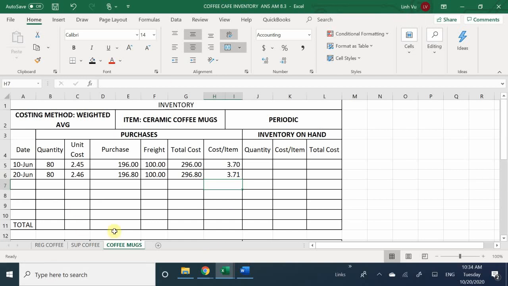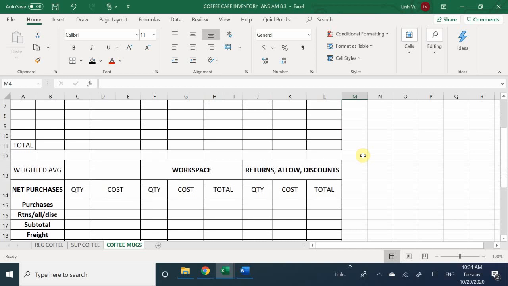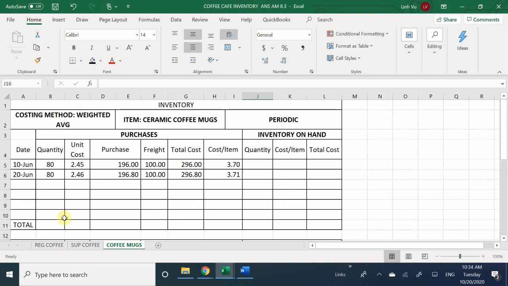Now, just like how we've been doing it in class, if we scroll down, we have a little section for our returns and allowances. How many cups are we returning? 4, in quantity. Okay. Now, because I'm taking it from my previous batch, how much did each coffee mug cost me to buy?